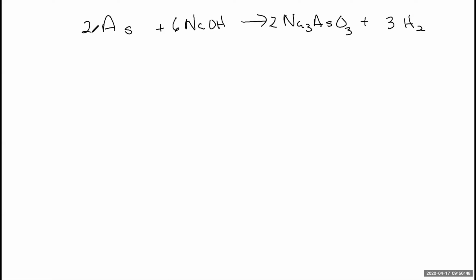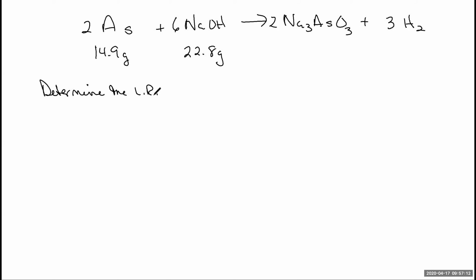So take a minute, make sure you can balance it. And then I'm going to tell you that you have 14.9 grams of arsenic and 22.8 grams of sodium hydroxide. And the question is, find the limiting reagent. So pause this video and try the problem and see how you do.